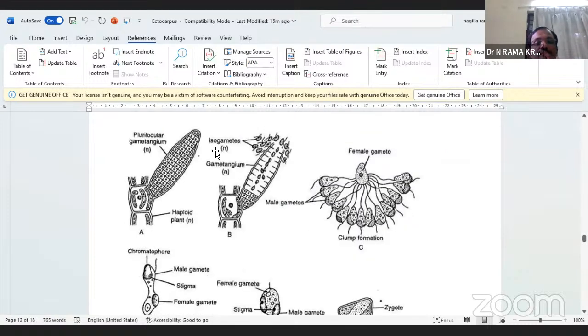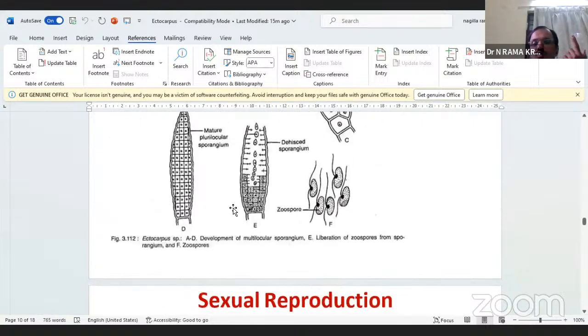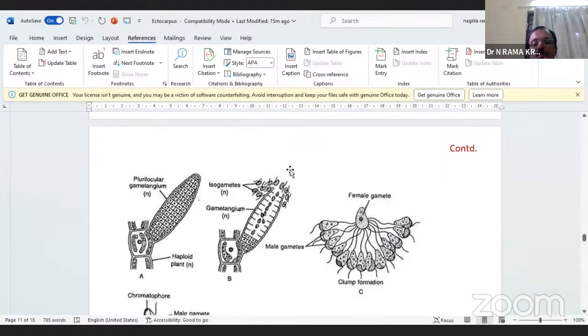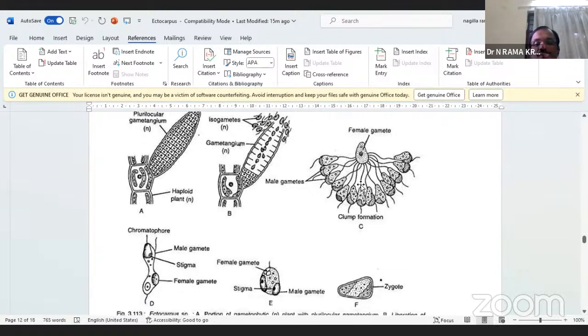Now you see the plurilocular sporangia here. When they open to the outside, in isogamy all the zoospores are the same. In anisogamy there are unequal gametes. The one that does not contain flagella is the female gamete, and the one that contains flagella is the male.